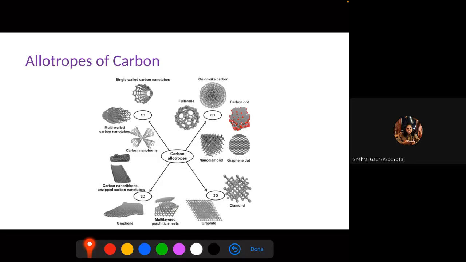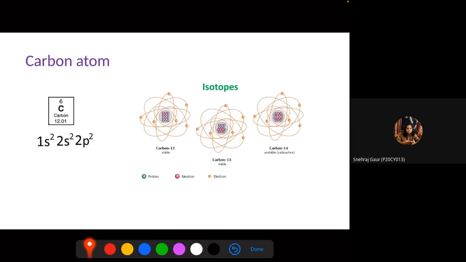So carbon, the carbon atom, is the basic building block here. It has the ground state electronic configuration 1s2, 2s2, 2p2, and it can also have isotopes.